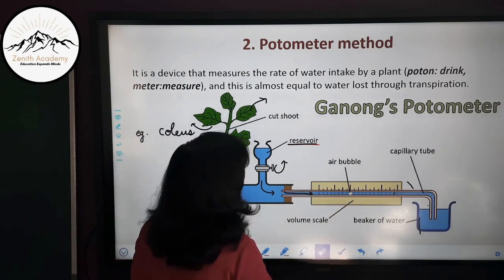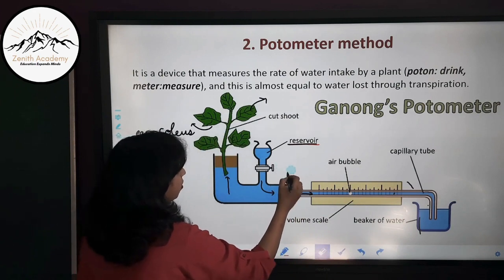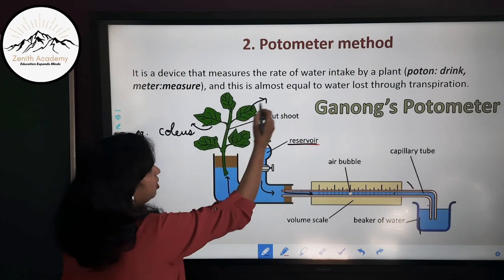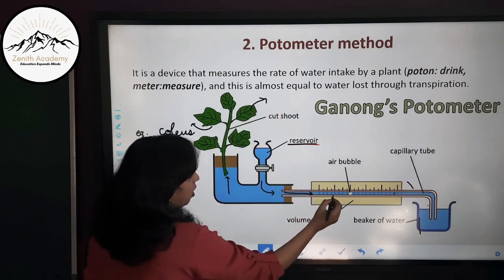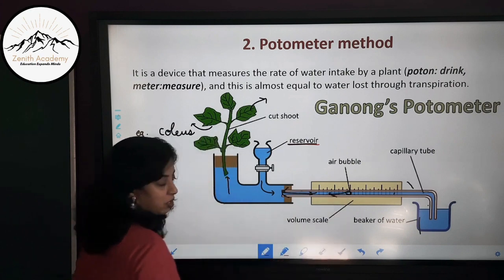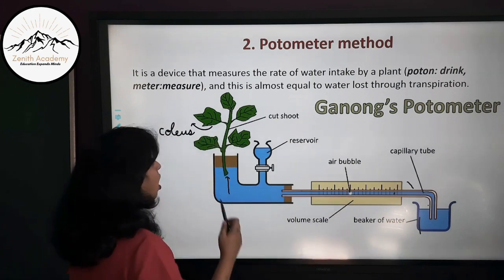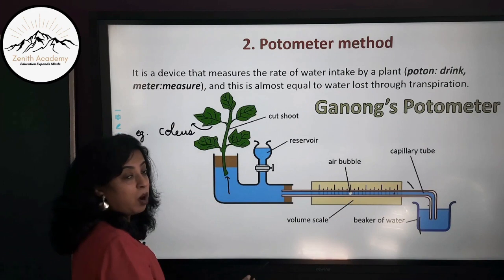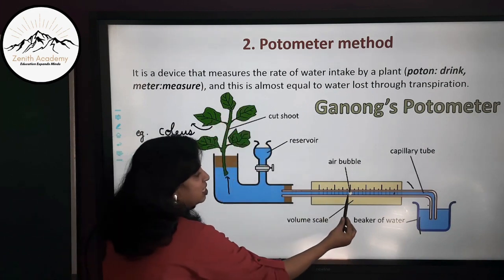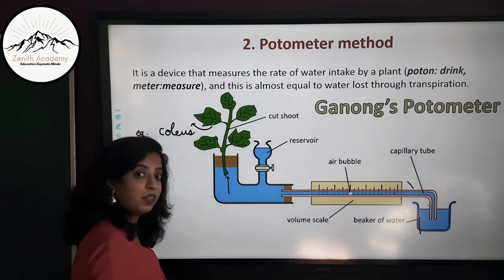Then when you close this tap and again keep it for transpiration, the water will be lost again, suction will be created, and the bubble position will change. So I hope you now know how we can record the amount of water intake by this twig by simply noting down the position of the air bubble.